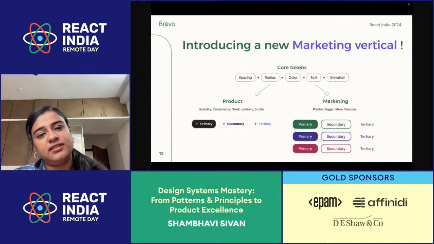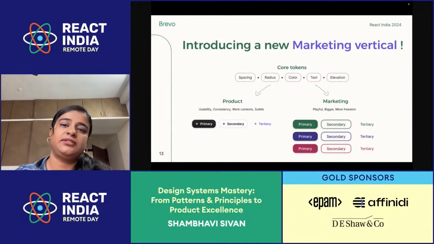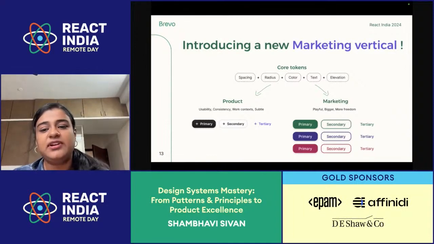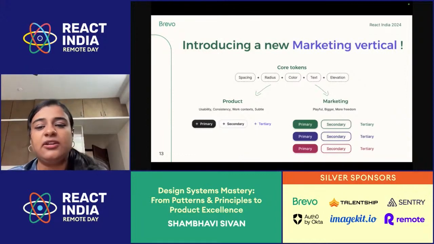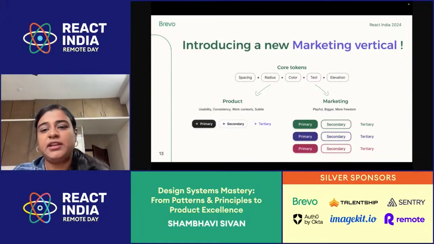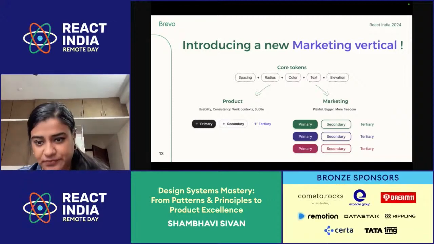As we were thinking about how we could design and implement the solution for the complete new marketing vertical, we realized that adding a lot of code within the same existing button is just going to make it very cumbersome. And this was definitely not the right approach, because button was a simple example. We had other components where even the structure was changing.